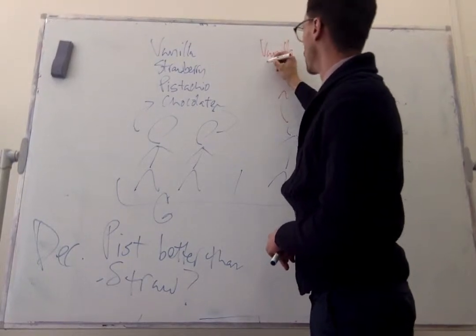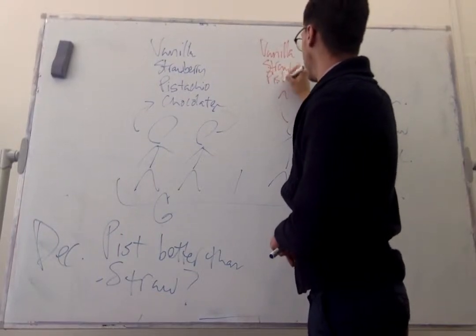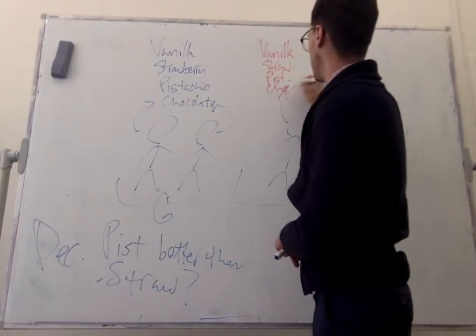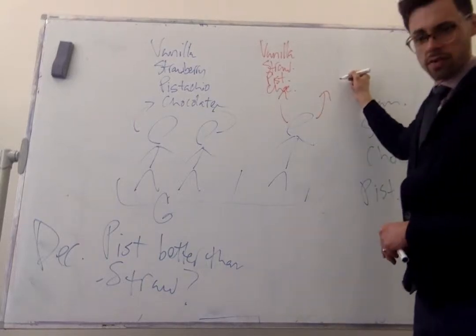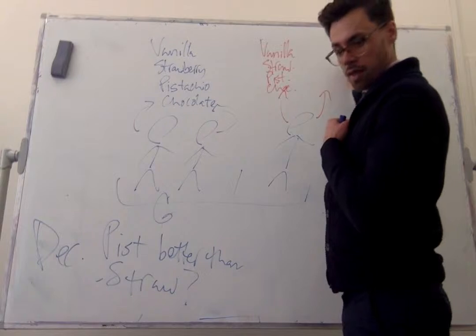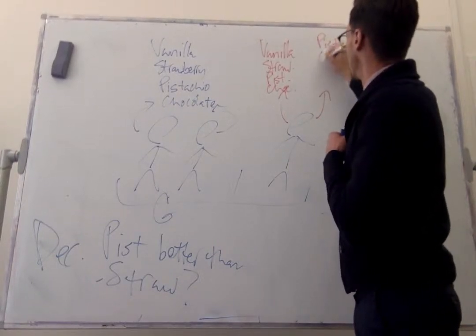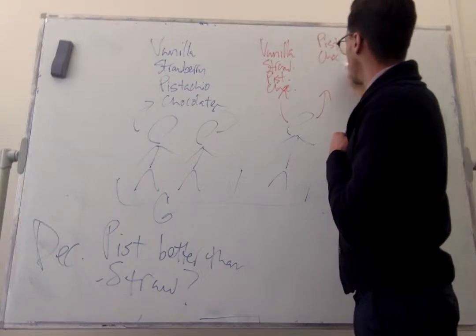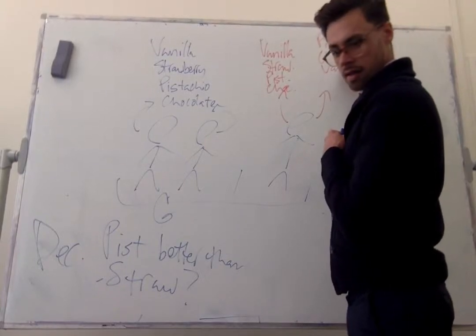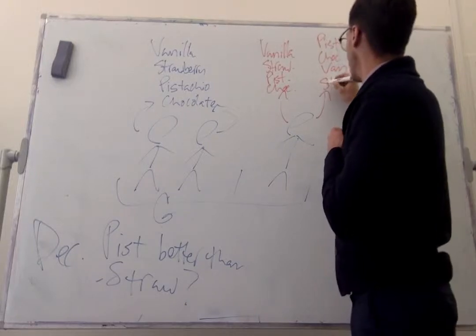So they like vanilla better than strawberry, they like strawberry better than pistachio, and they like pistachio better than chocolate. The other preference ordering that they could have that we'll consider is they like pistachio best. Pistachio's on top, and then chocolate second best, and then vanilla third best, and then strawberry last.